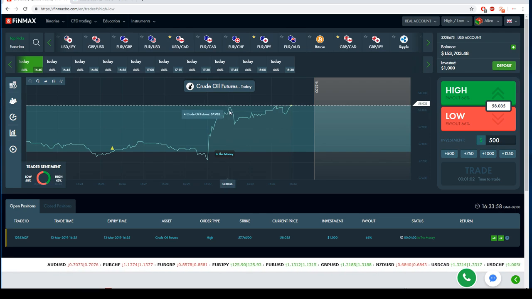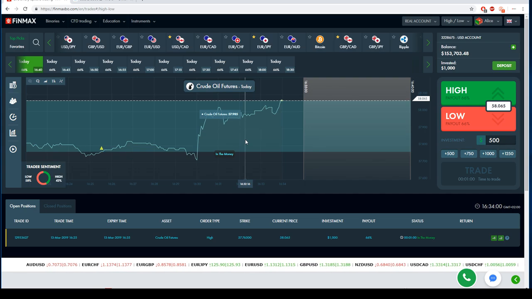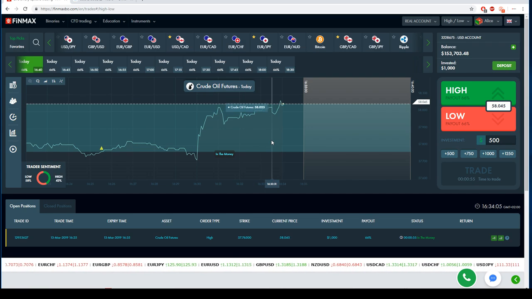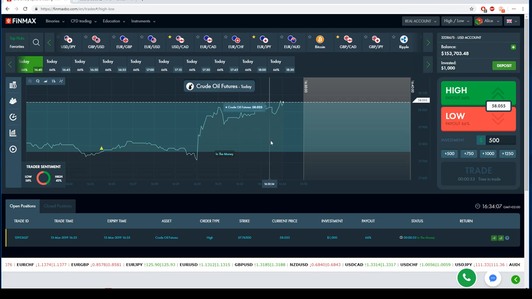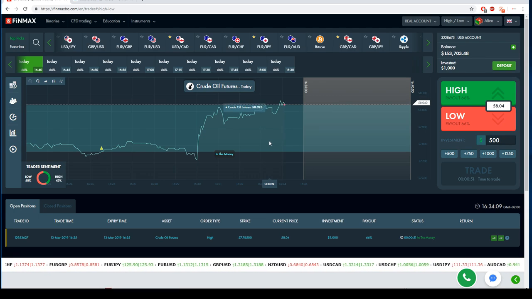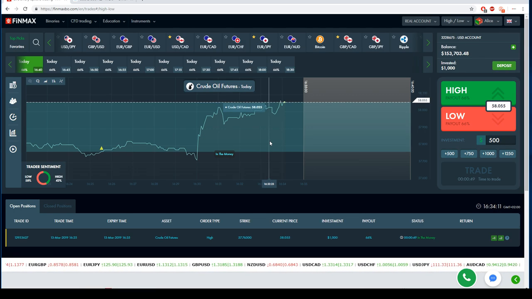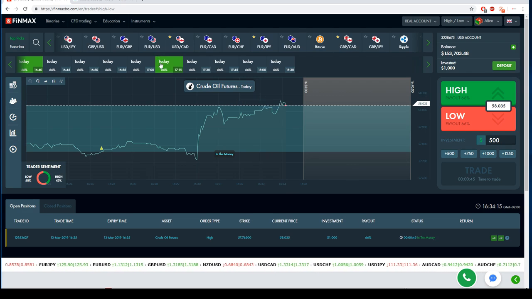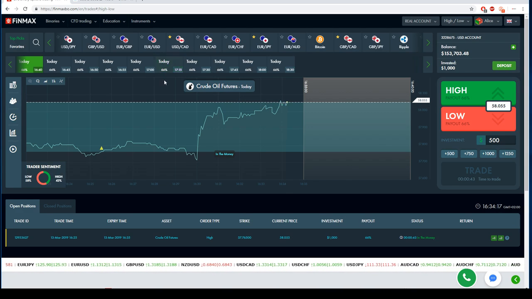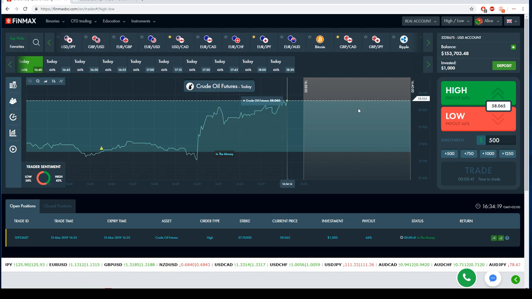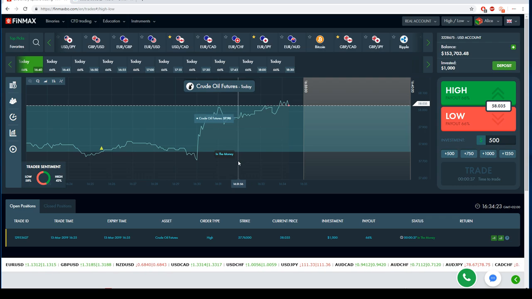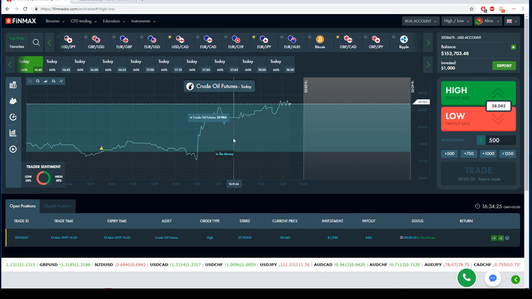Okay, 1 minute left till the expiry, and for now it looks pretty good, and the market change is a bit bigger than it usually is, because if you saw previous webinars or on YouTube, you may have noticed that after the event, the market usually goes back to the price where it was.